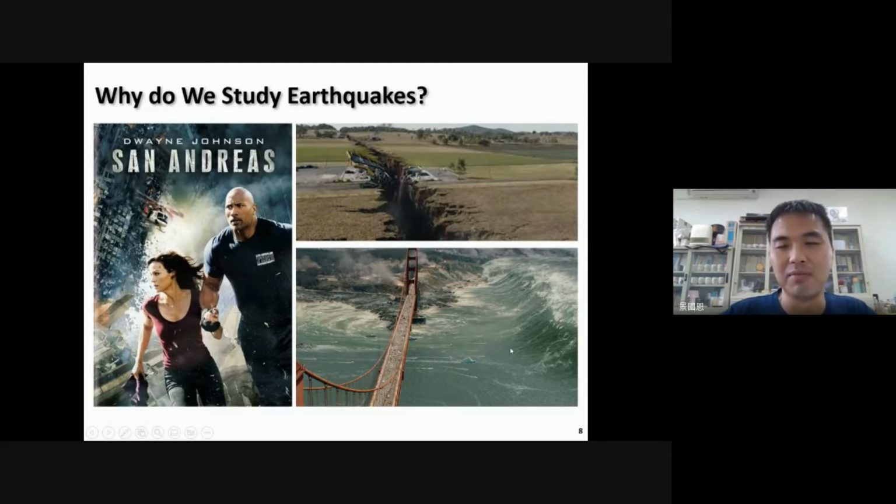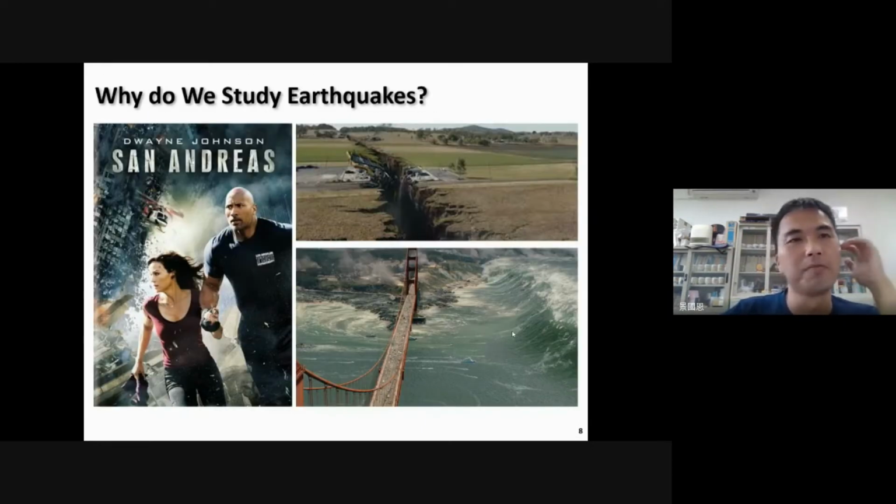Then the tsunami may cause another very large damage following the earthquake. However, this figure is wrong, because the active faults in this region are inland but not offshore. But however, this is a movie.